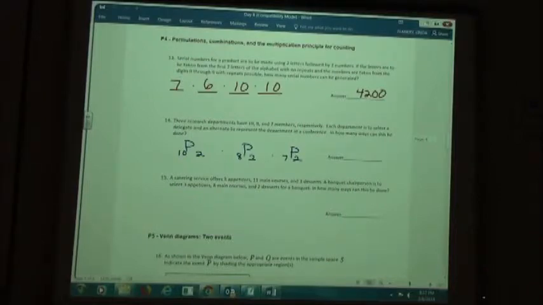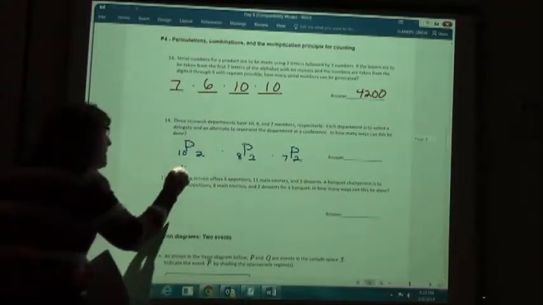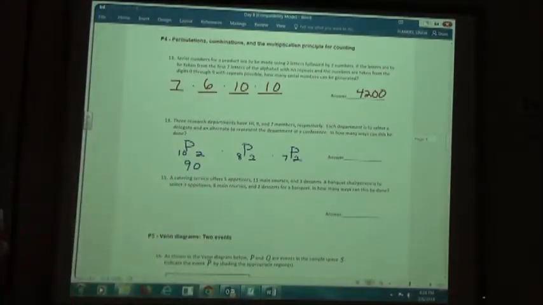I worked it out the long way on my paper, but we'll use our calculator. 90. There's your 90. Okay, now we're going to do the second one.